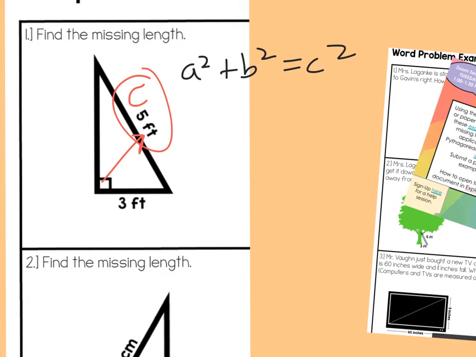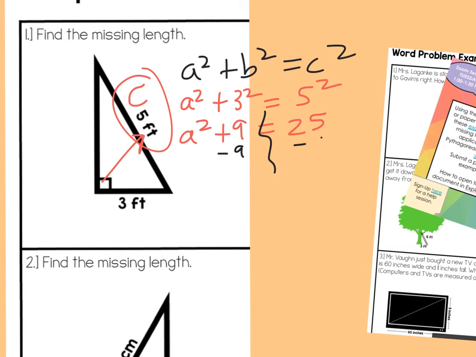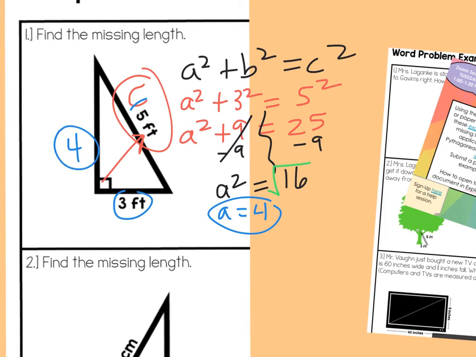So this is going to be a squared we don't know plus 3 squared equals 5 squared. So then a squared plus 9 equals 25, and then this is a one-step equation. So you'd subtract 9 from both sides to get a squared by itself, which is 16. And then your last step is to take the square root of 16. So in this one, a is 4.